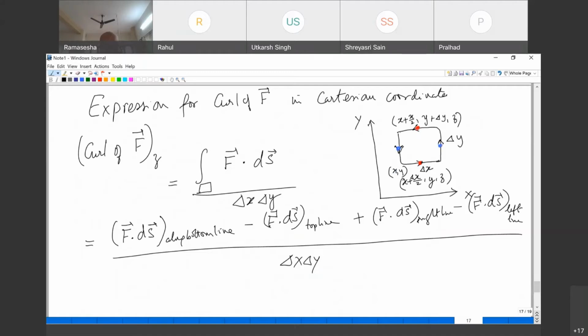What is this point? This point is x, y plus delta y by 2, and this point is x plus delta x, y plus delta y by 2.